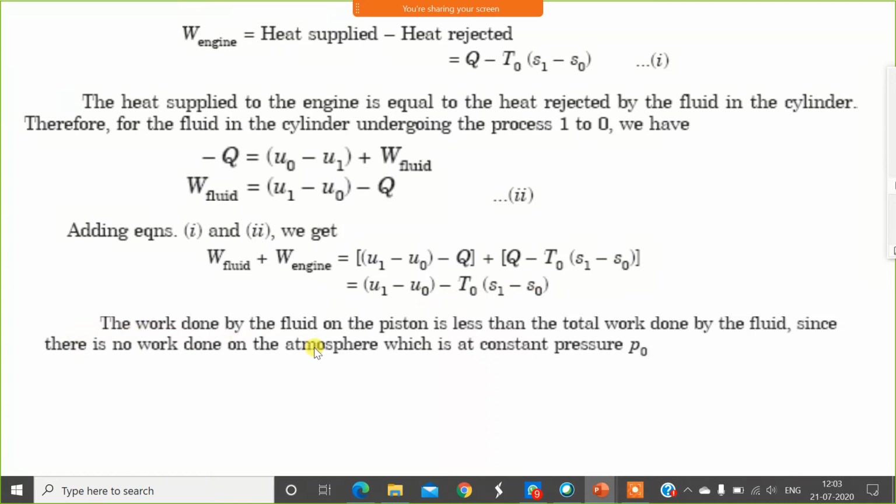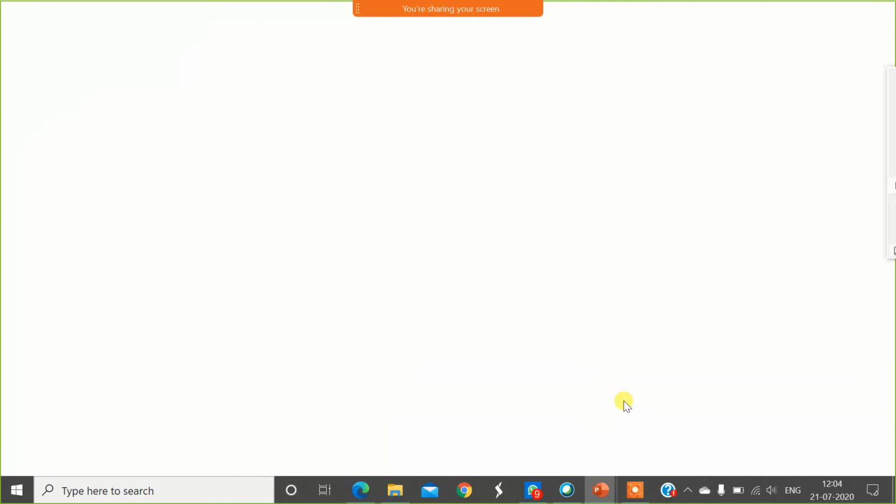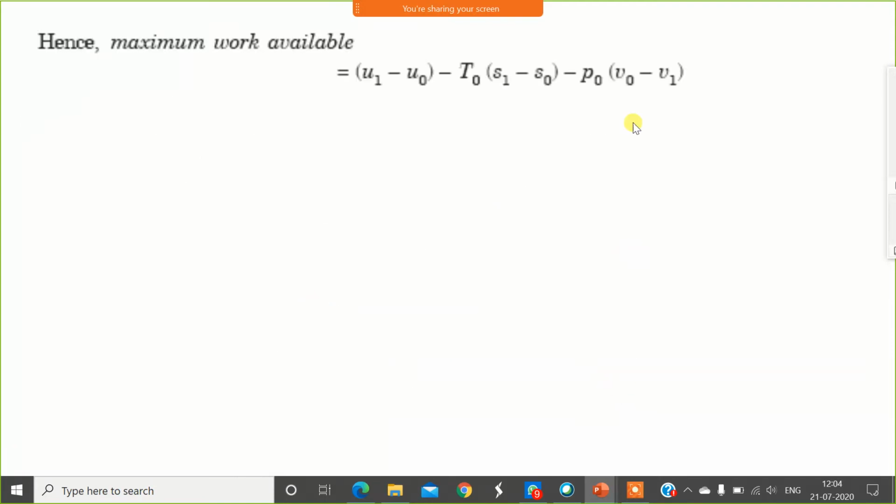The work done by the fluid on the piston is less than the work done by the fluid, since there is work done on the atmosphere, which is at constant pressure P0. Therefore, work done on the atmosphere is equal to P0 (V0 minus V1). From this work we have to subtract the work done on the atmosphere.